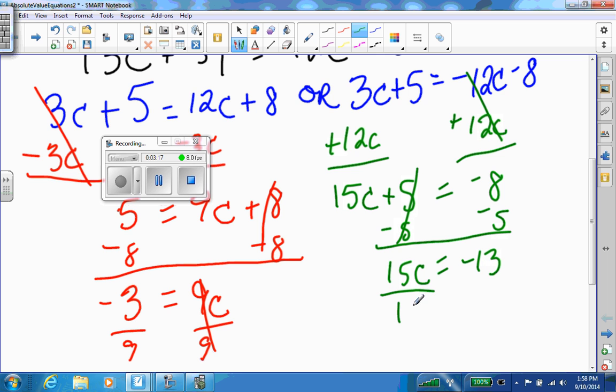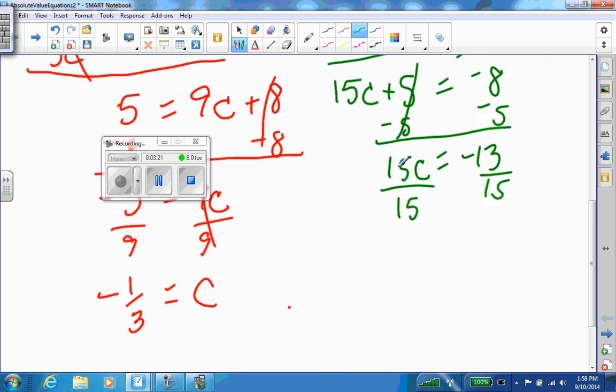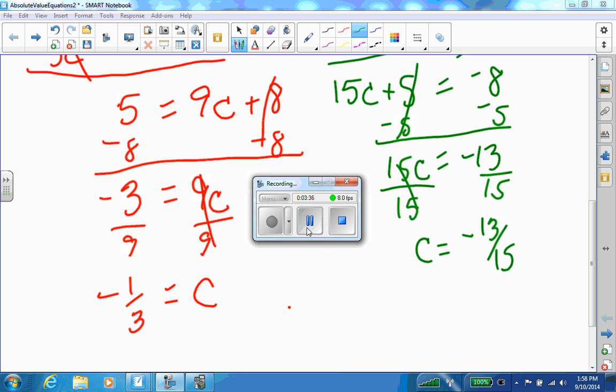To finish, we'll divide both sides by 15. And that gives me c equals negative 13/15. And again, we're only going to say that this is possibly a solution at this point. We have to check to be sure it actually solves the equation.